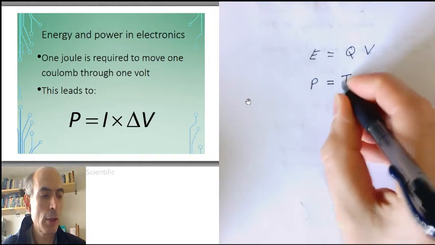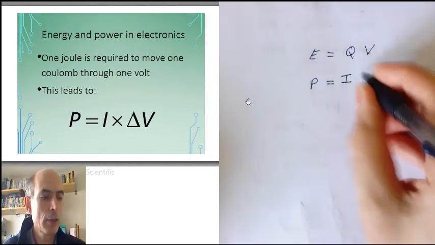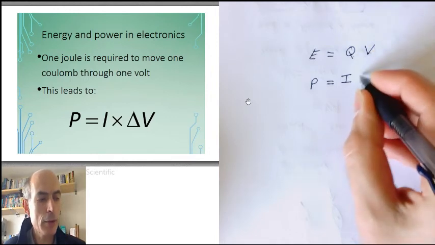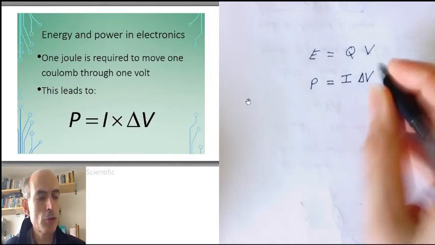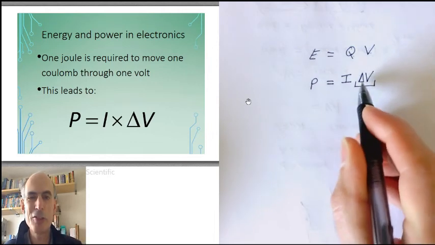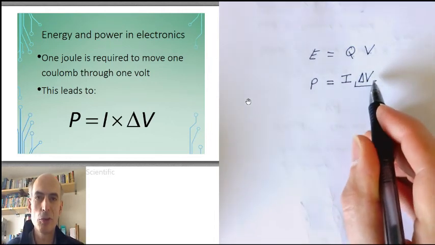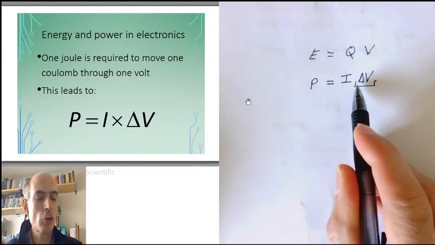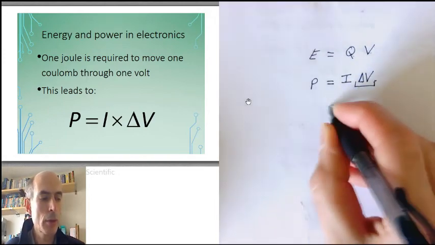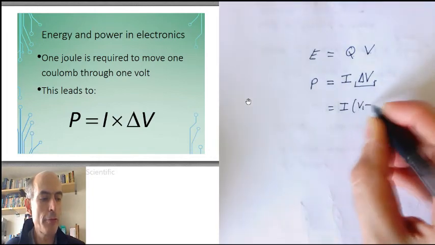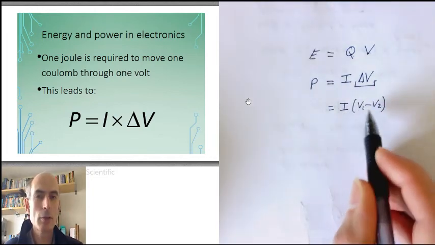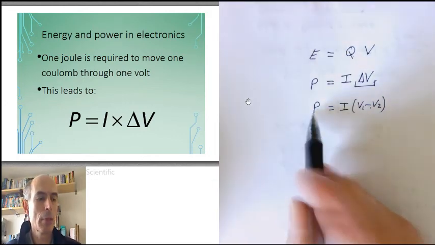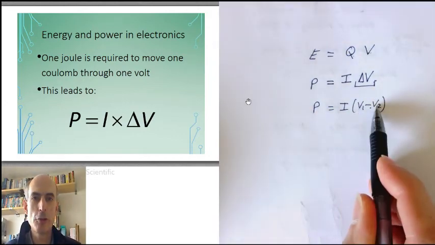Often use I to represent current, times V, the voltage. And I'm going to write that as delta V, just as a reminder that it's the difference in the voltages that's important. The current flowing from a voltage of, say, V1 to a voltage of V2, that would be associated with that amount of power. It's the difference in the voltages that's important.